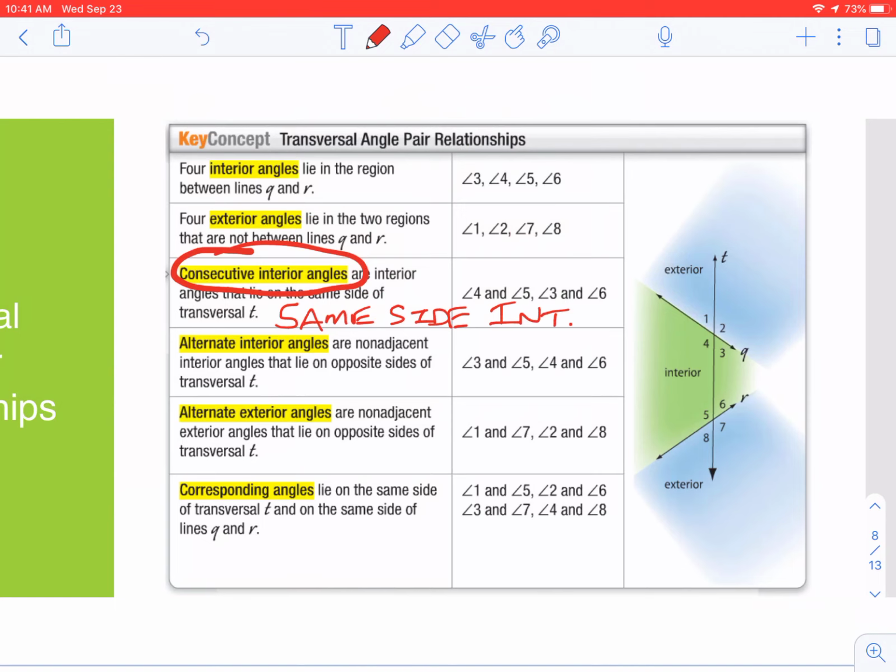Okay, so consecutive interior is also known as same side interior. So it's up to you which one you want to use. I'm going to use same side interior, but whatever you're most comfortable with.